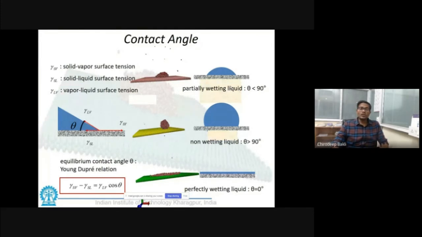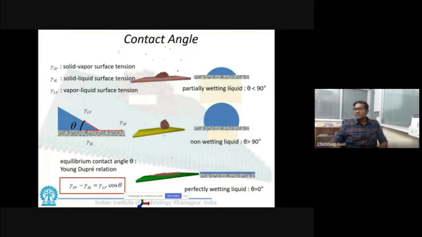However, please do not be complacent that the wetting and non-wetting behavior for any fluid would transition at 90 degrees. If it is alcohol, that value might be different. If it is a polymeric fluid, the value might be different. So it is a pure coincidence that at 90 degrees for water the transition occurs.